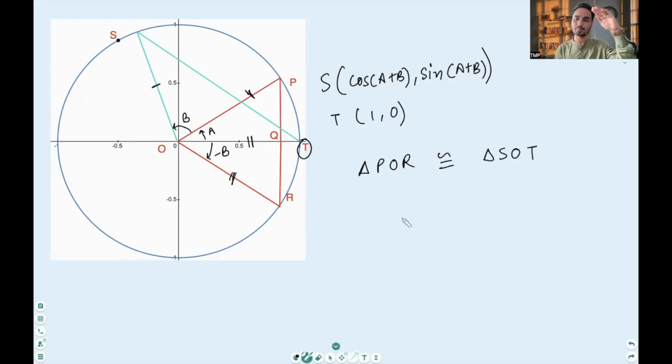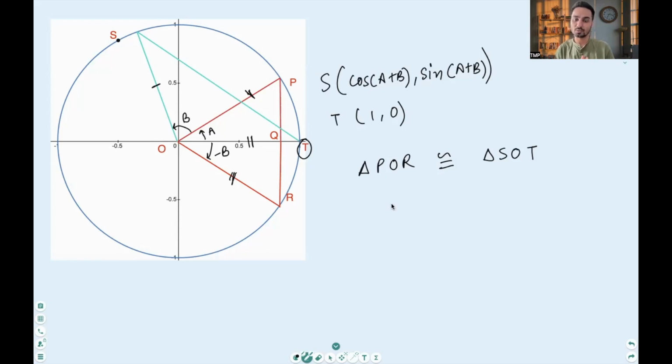So angle POR is A plus B. Similarly, angle SOT is also A plus B. So in magnitude, angle POR is the same as angle SOT.